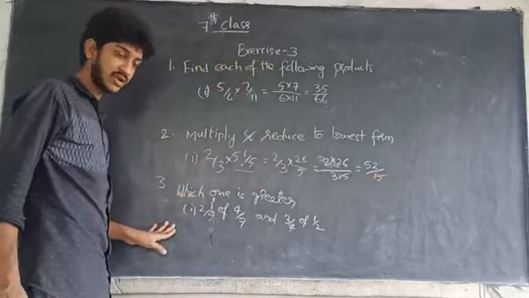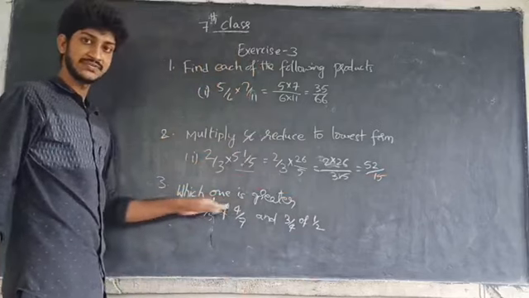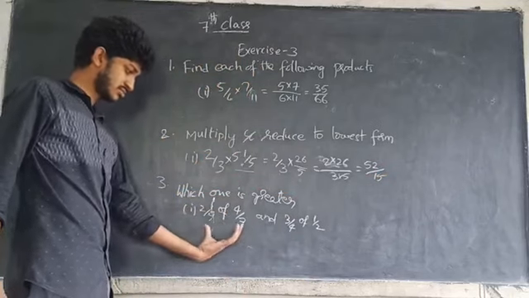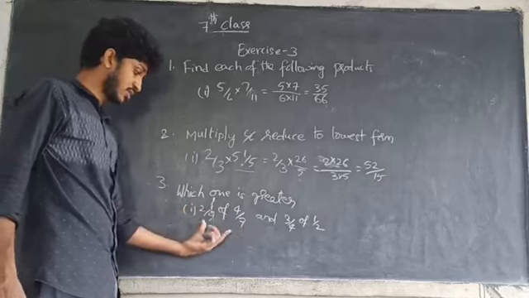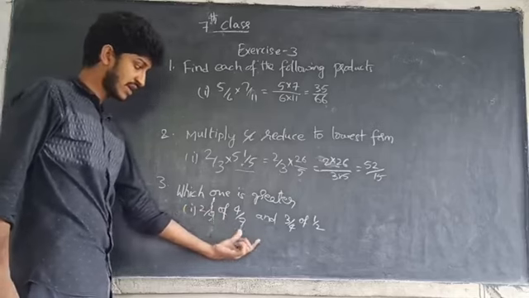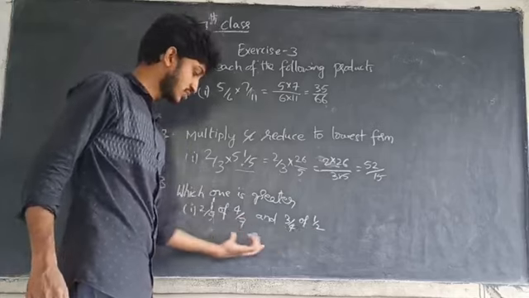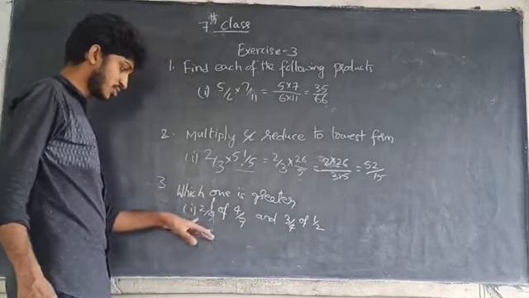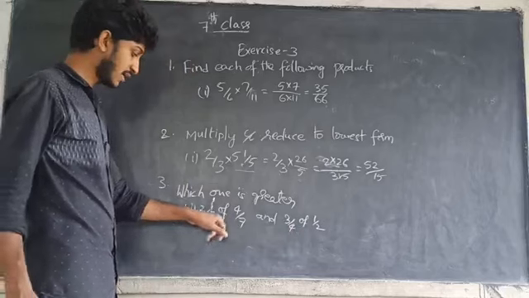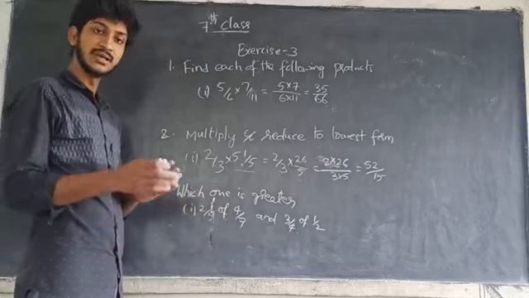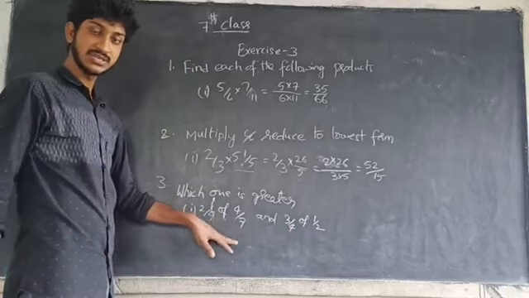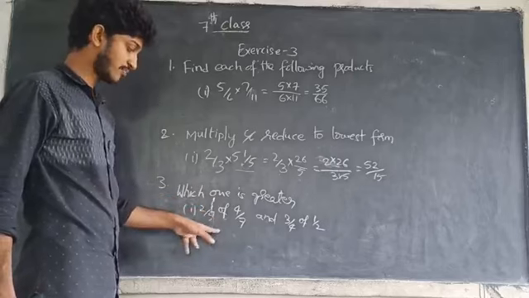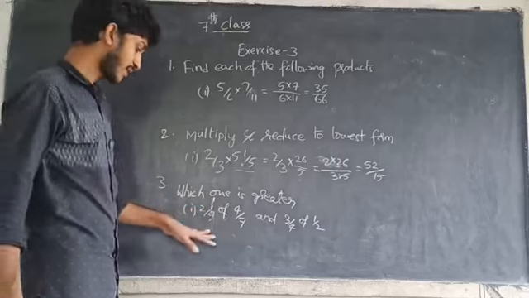So see the third one: which one is greater? Here two expressions are given, 2 by 5 of 4 by 7 and 3 by 4 of 1 by 2. In these two, we have to find which one is greater. So 2 by 5 of 4 by 7: here 'of' means we have to multiply both numbers. In the previous class we talked about 'of'.